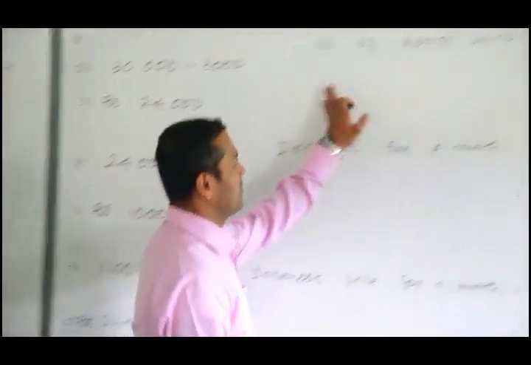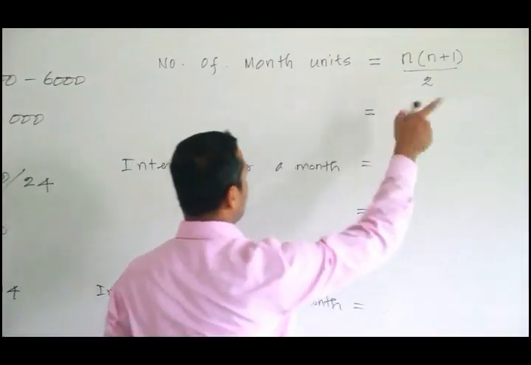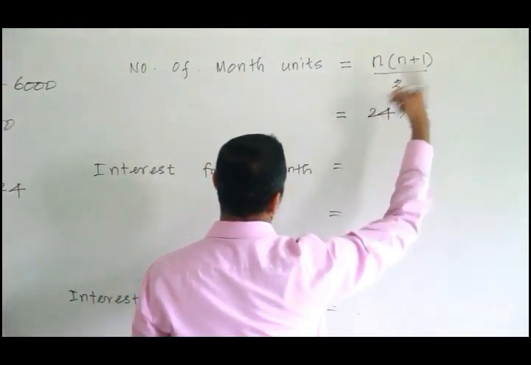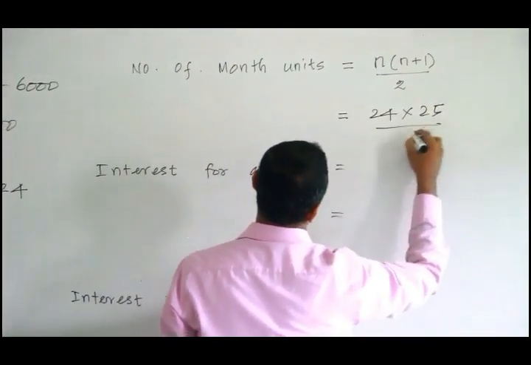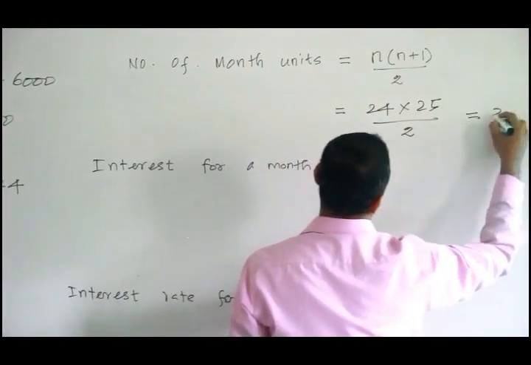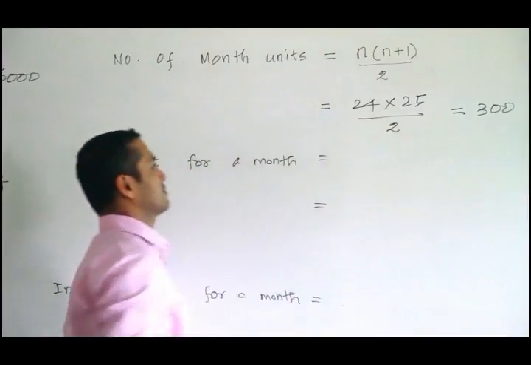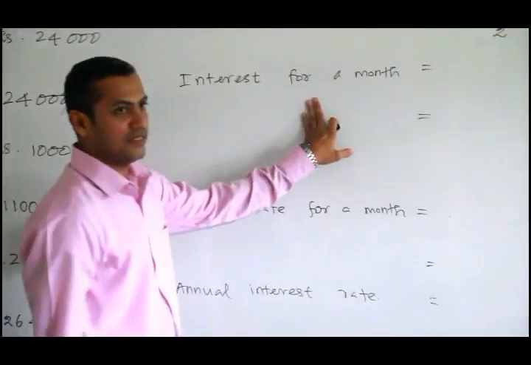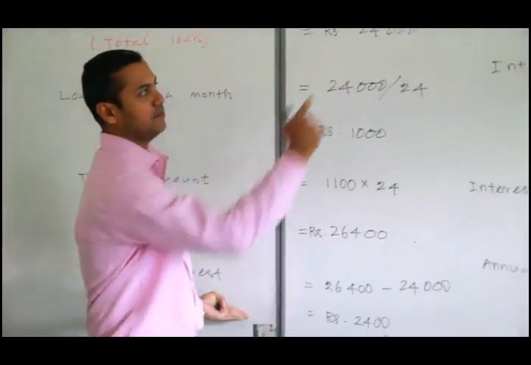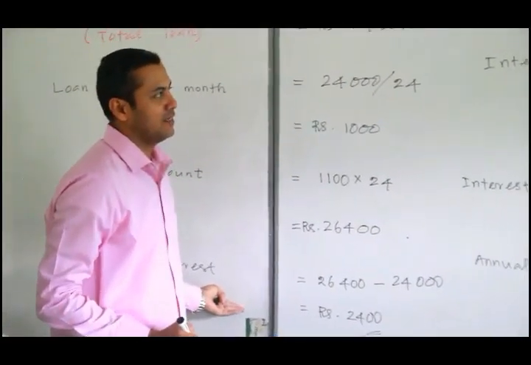Now the fifth step, number of month units, that is n into n plus 1 over 2. N equals 24, n plus 1 equals 25 over 2. Then if you simplify, you will get 300. Okay? To get the interest for a month, we need to divide the total interest by the number of month units.